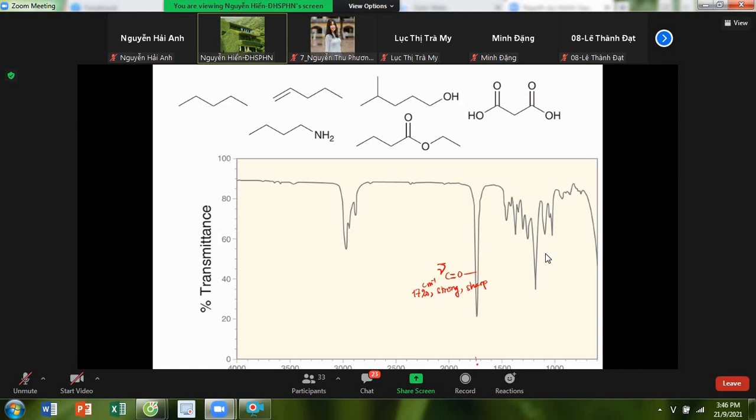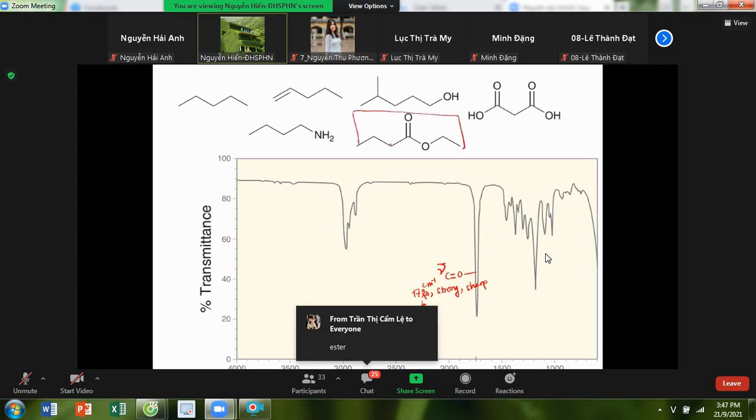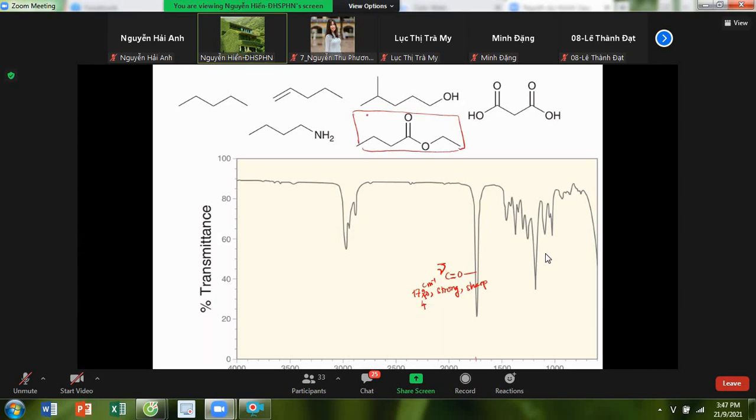In this case, we have not 1720, but maybe 1740. Not the ketone. Actually, we have an ester. Yeah, this one. I think ester is better, because you have a little bit higher than ketone, right? And you don't have CsP2H, so saturated ester.